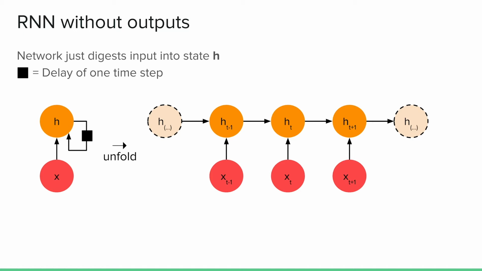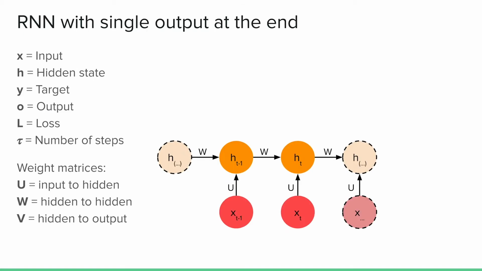So they have sort of the memory that we have in our network, and we start with an initial value for that, and then we feed it through our network, and with each time step we process this and we feed that hidden state to itself in the unfolded graph. We can basically have a single output at the end. So what we can do here is summarize our input and digest it into one representation.